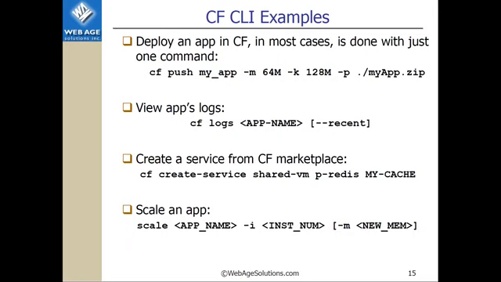If you don't spend some additional time fine-tuning your application to provide just enough RAM, for example, here we provide 64 meg. If you don't do this, probably the system would provide you half a gig. It would be a different flavor of virtual machine, and the system would probably be much less efficient. So in this way, you document that 64 meg. Of course, you can exceed it, you can have an out-of-memory exception.